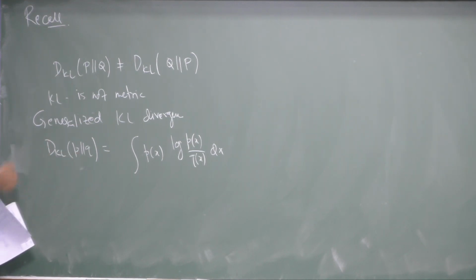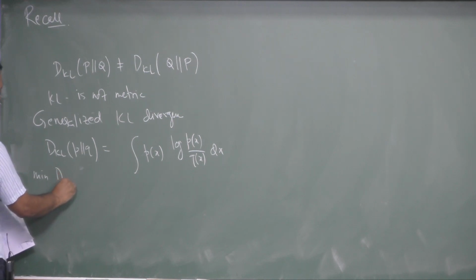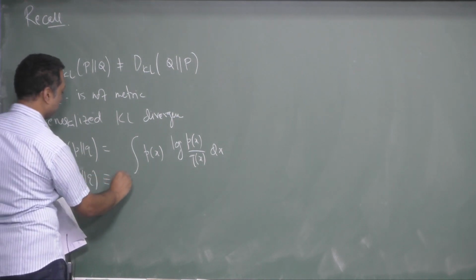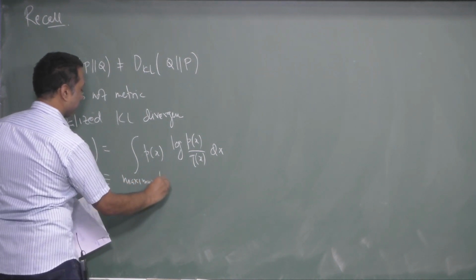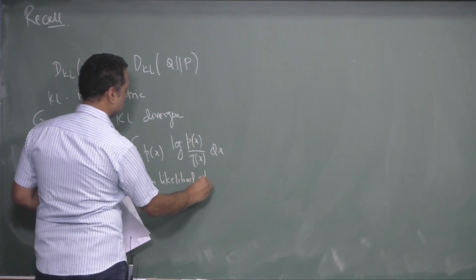Okay, so this was our starting point, and we also proved in the last class that if I minimize this KL divergence, then this is equivalent to doing maximum likelihood estimate.